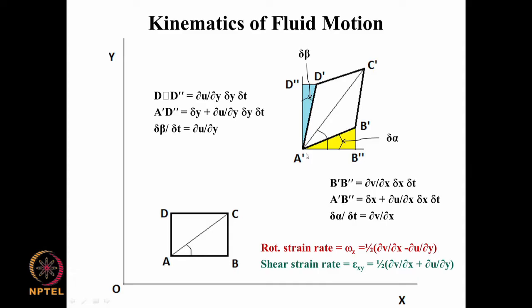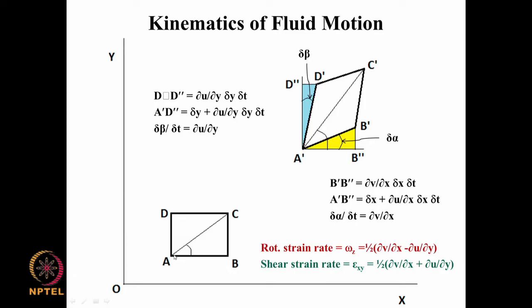So the original horizontal displacement will be different from the original value here. So this A prime B double prime, this distance, is the original distance delta x plus ∂u/∂x times delta x. So that is the delta u between particle B and particle A.